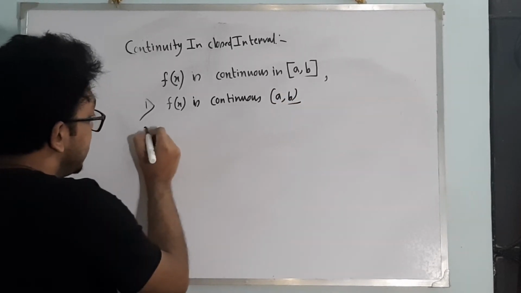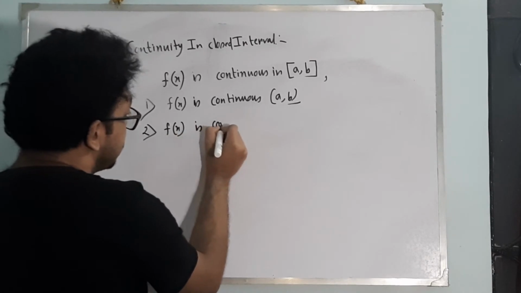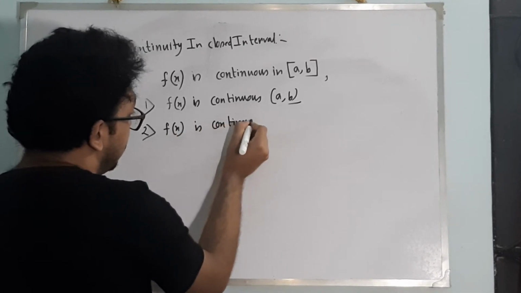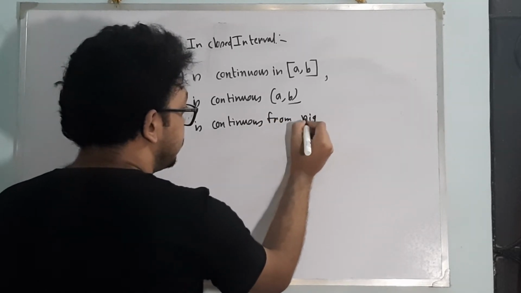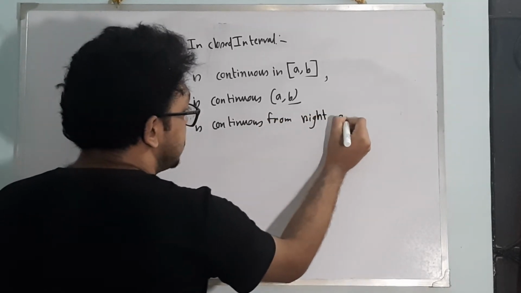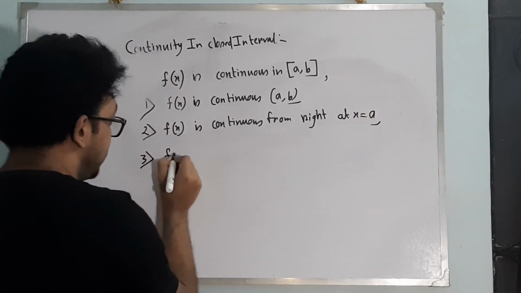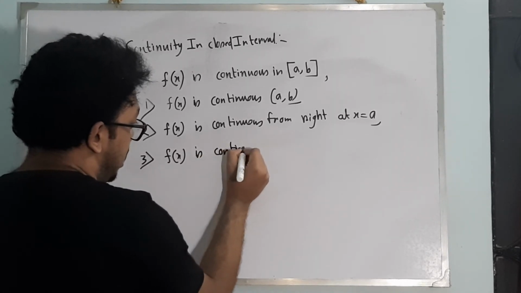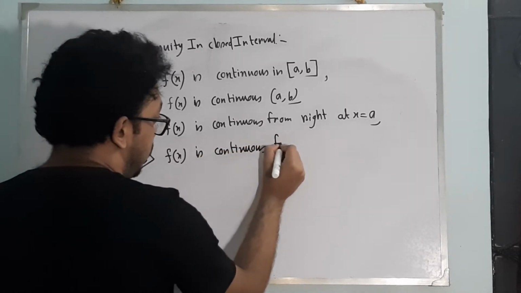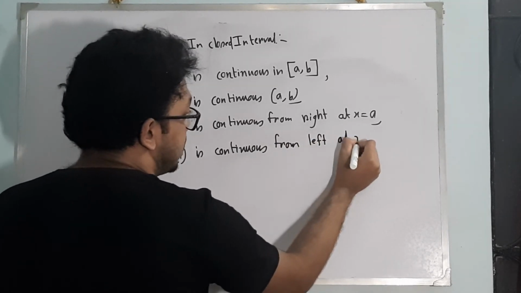The second condition is f(x) is continuous from right at x equal to a, and the third condition is f(x) is continuous from left at x equal to b.